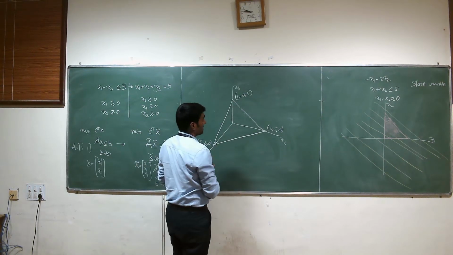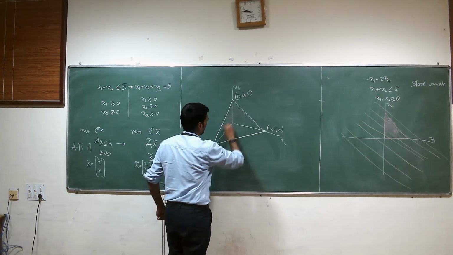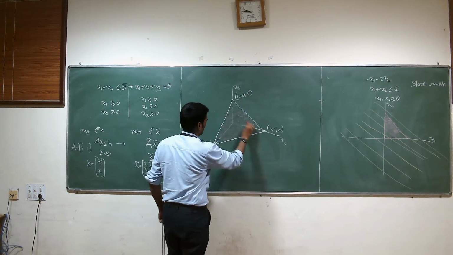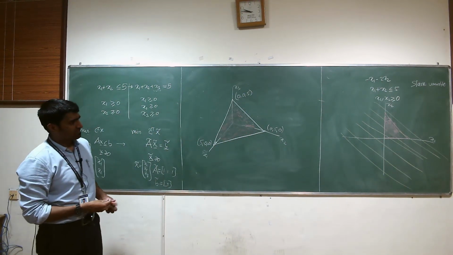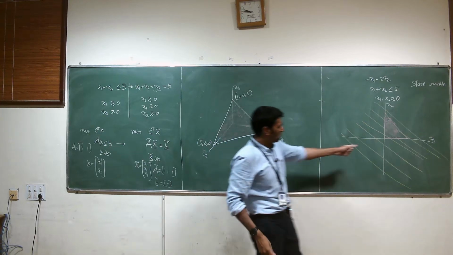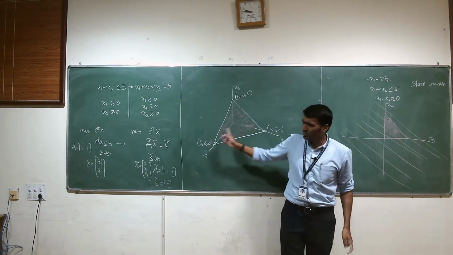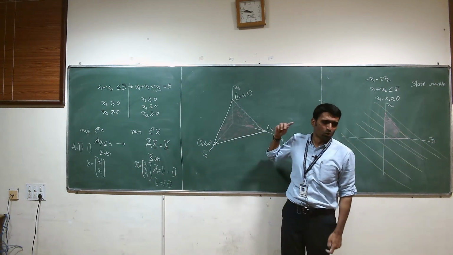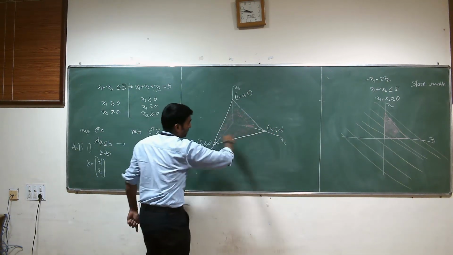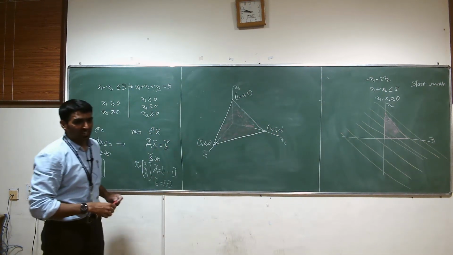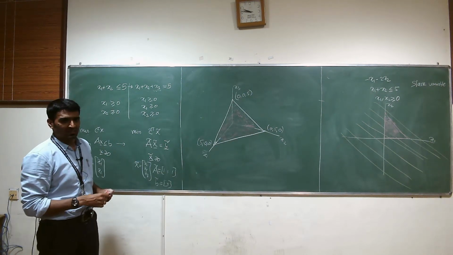So your search is only here. So here you're searching over a 2-dimensional region. Here also you're essentially doing the same, even though the problem is posed in 3 dimensions, because you're only searching over the surface of this triangle.